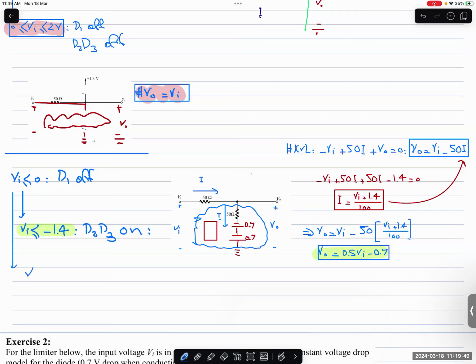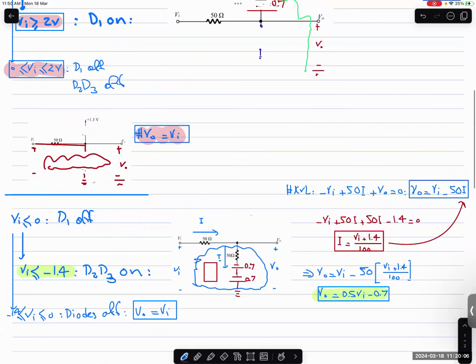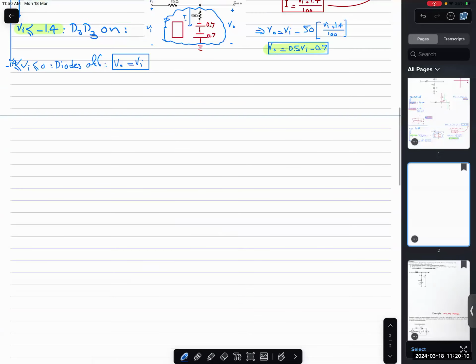I will say as long as VI is between minus 1.4 and 0, the diode is all off, and then VO will equal to VI. Okay, so now I'm ready to sketch down the transfer characteristic.